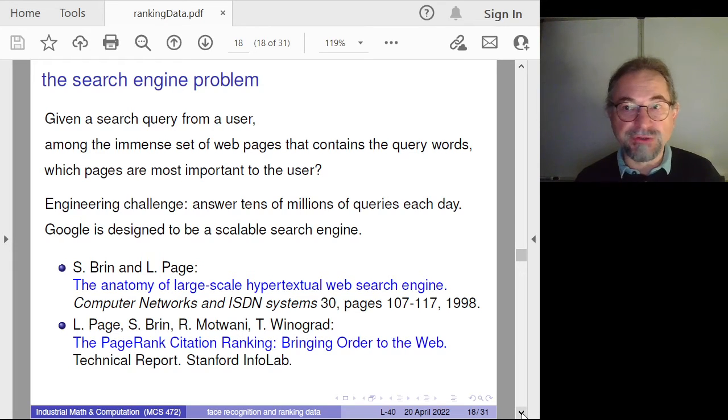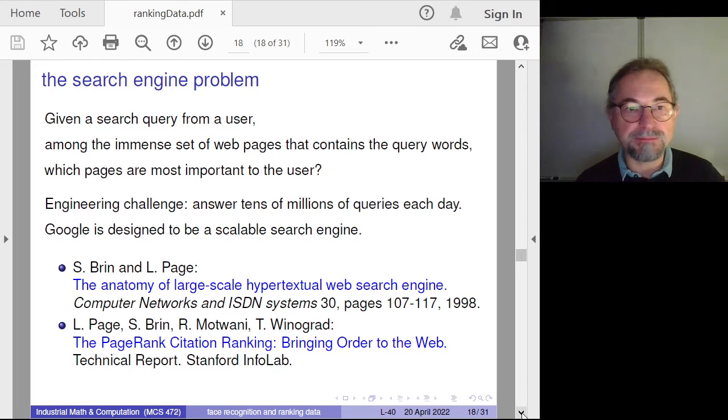There's also an urgency to this, so you don't want the user to go through all your results, but also you want to do this sorting extremely fast. So it's also an engineering challenge. The approach in this lecture is the applied math point of view. I must say that many real problems also are engineering problems.